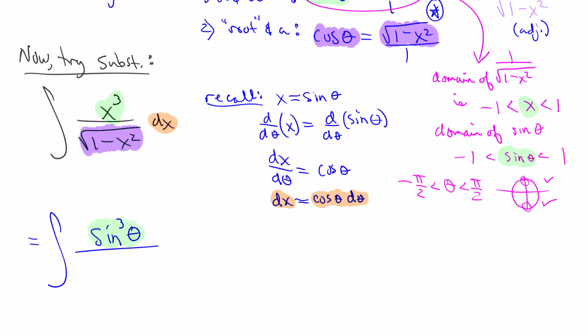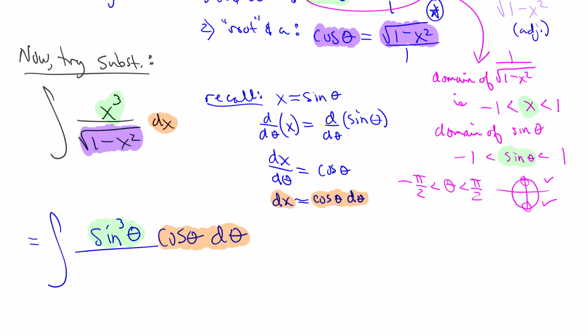Instead of dx, which was at the end of our original integrand, we're going to replace that with cosine theta d theta. And yes, I'll even highlight that in the same color. Can help us stay on track here.